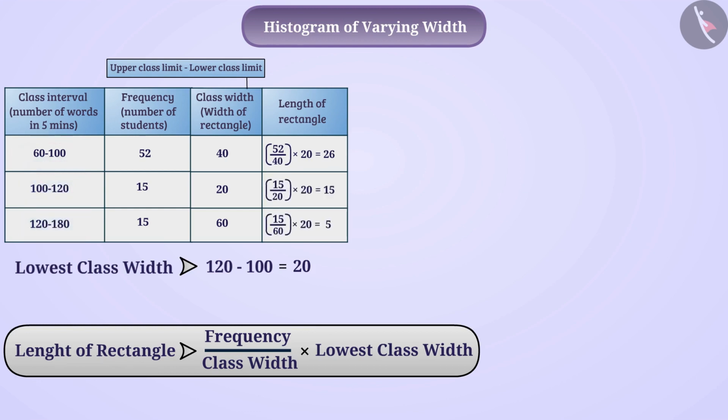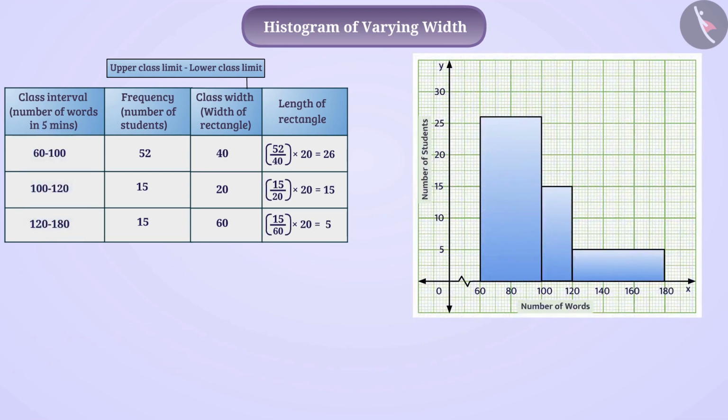Now, we will draw rectangles with a suitable scale for each class interval. Here, we have taken 1 unit equal to 20 words on the x-axis and 1 unit equal to 5 students on the y-axis, from which we have obtained the histogram in this way.